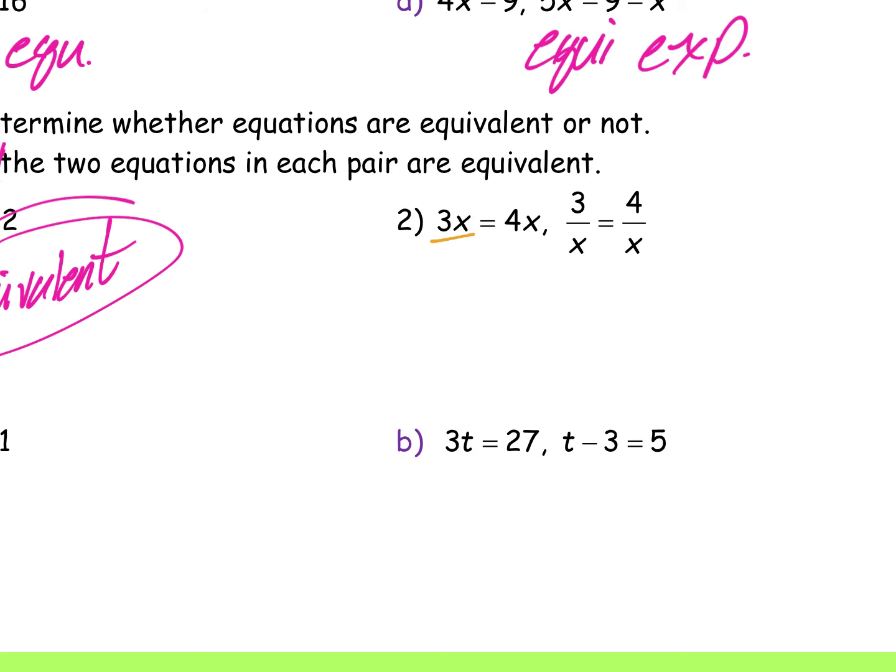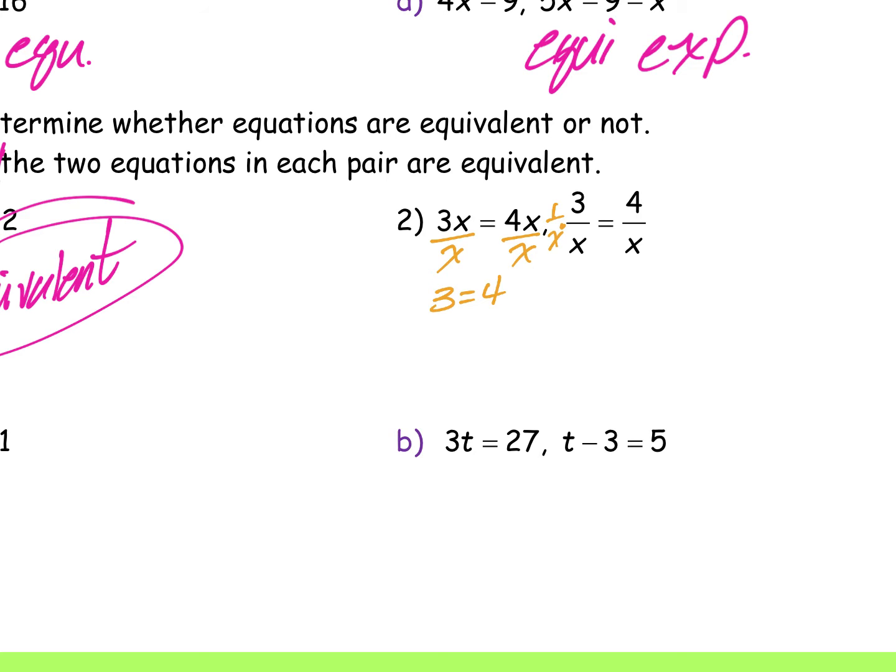So I divide by x here, and I divide by x here, and I get 3 equals 4. Okay, so what about the other side? I can still divide by x, right? That's the same as multiplying by 1 over x. So if I divide by x, that's 1 over x. That's not going to do anything.